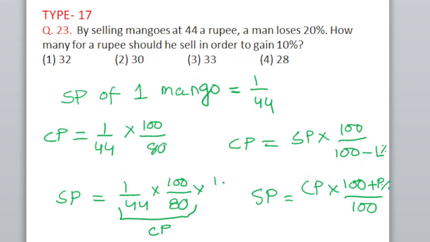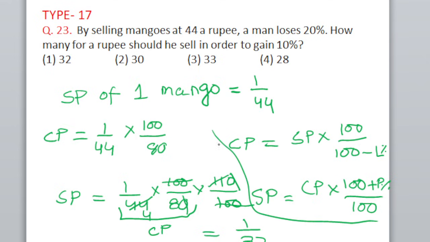So it will be 100 plus 10, that is equal to 110 divided by 100. So now this 100 is cancelled by this 100. This 0 cancels this 0. 11 4s are 44. So that is equal to 4 into 8, 32. So that is equal to 1 by 32.